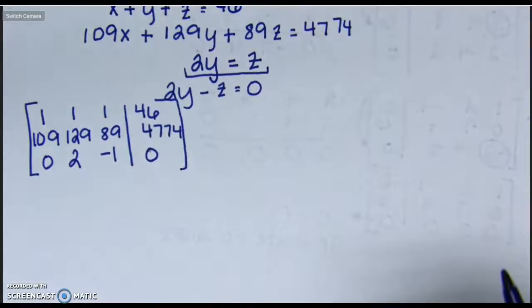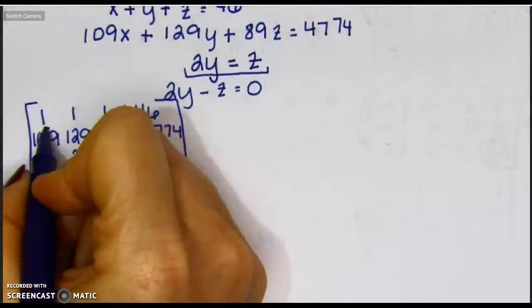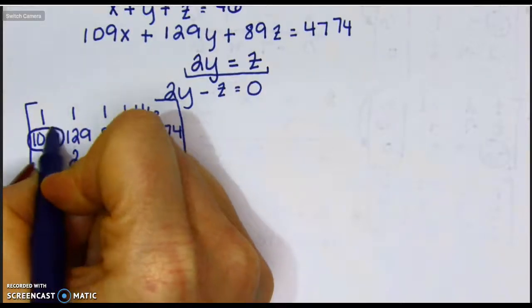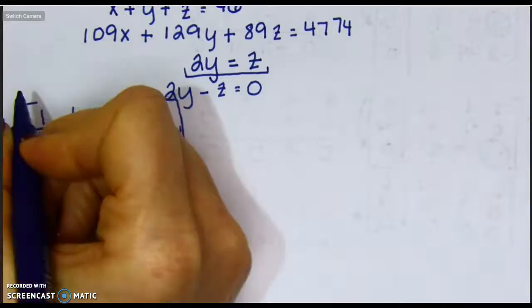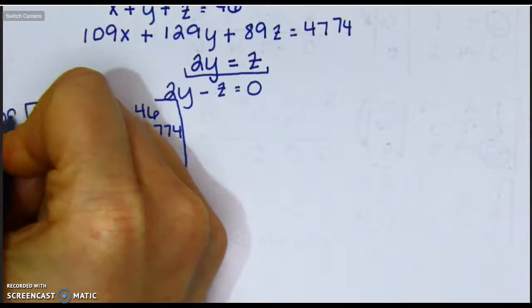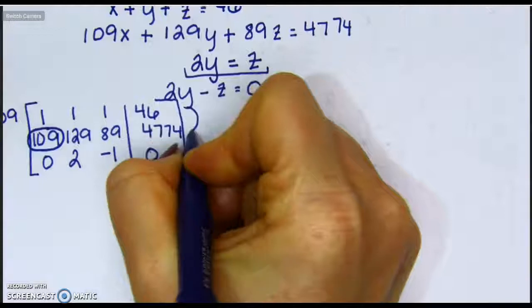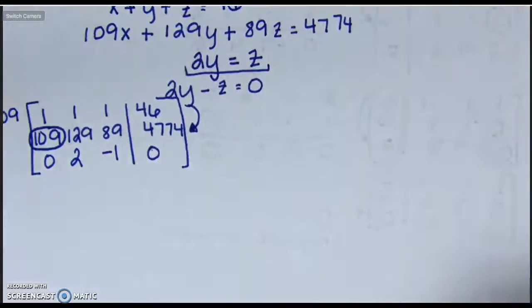The first place in which we need to have a 0 value is here. So it looks like I'm going to multiply my top row by negative 109, and we're going to add to our middle row.